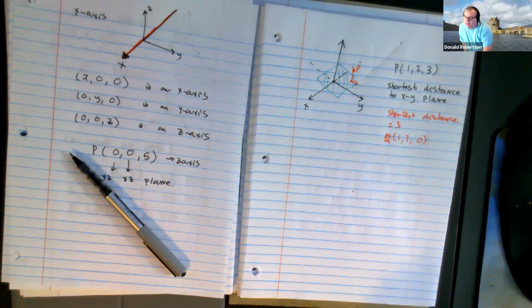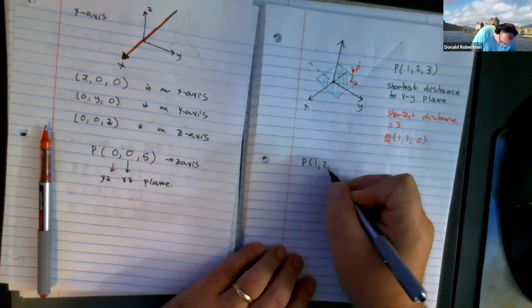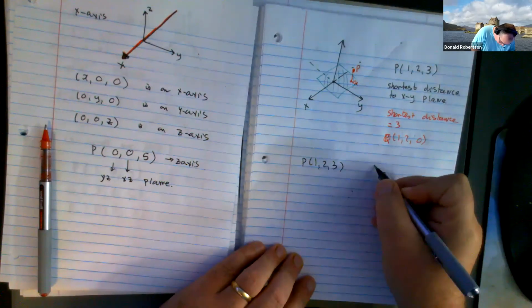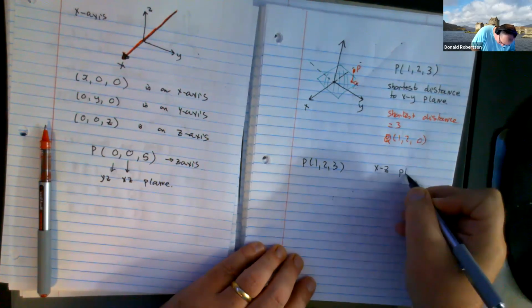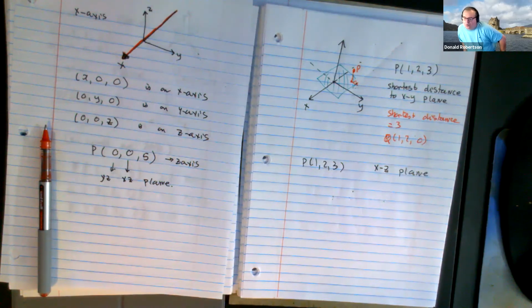Does that make sense? If I give you the coordinates of a point and I say, what's the shortest distance to insert plane here? Depends on what the plane is. In this case, the shortest distance is 3. What would it be if I took the same point and I wanted the shortest distance to the XZ plane? 2. Correct.